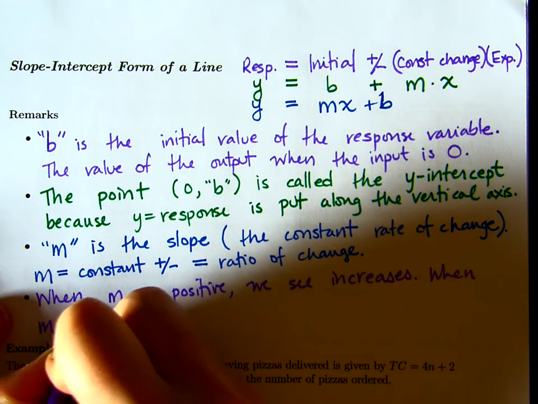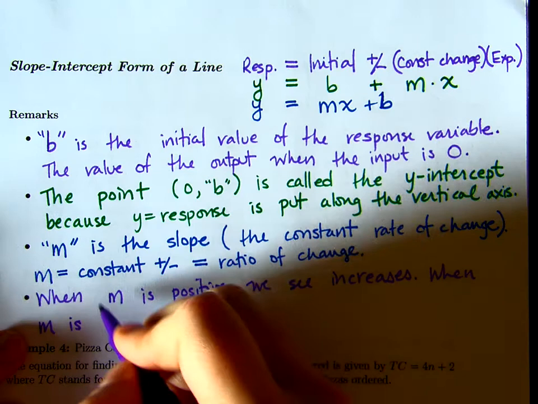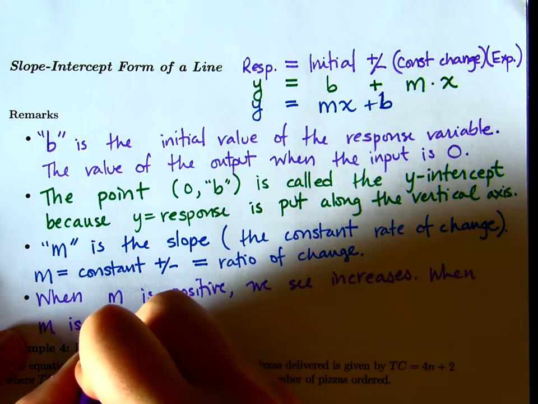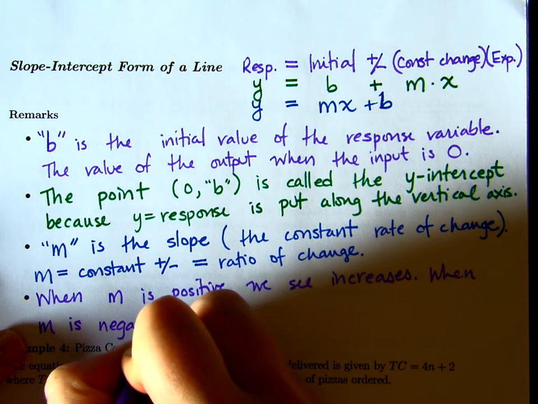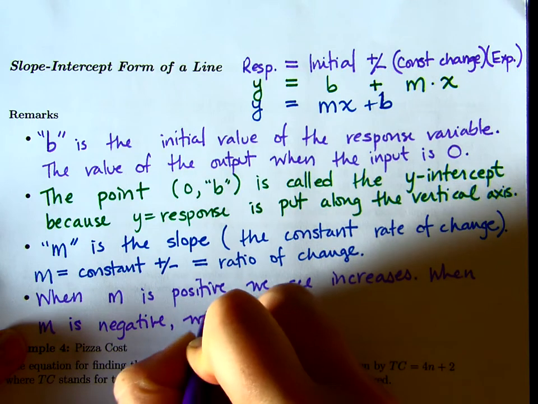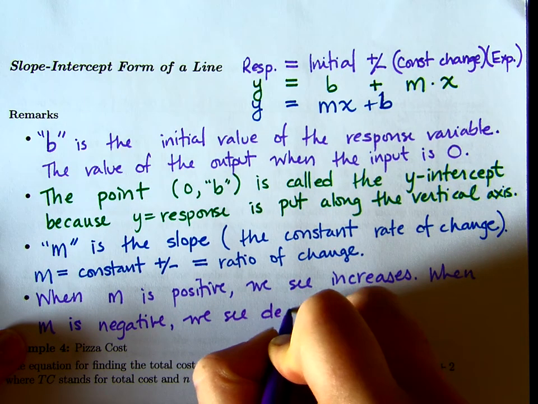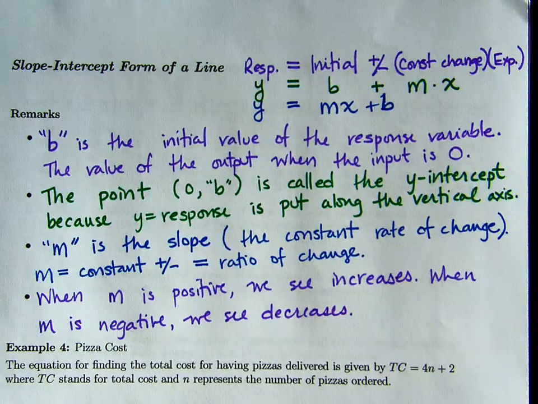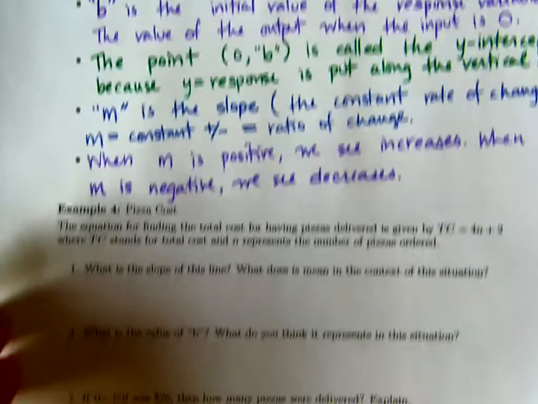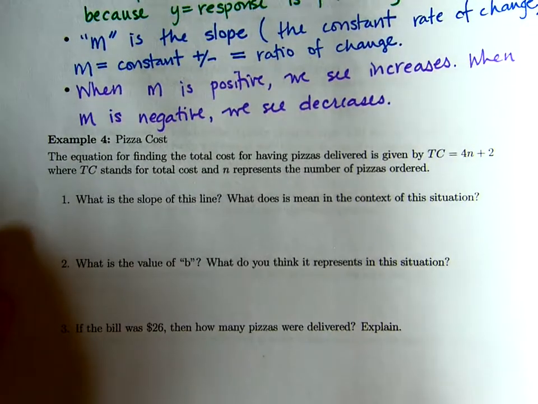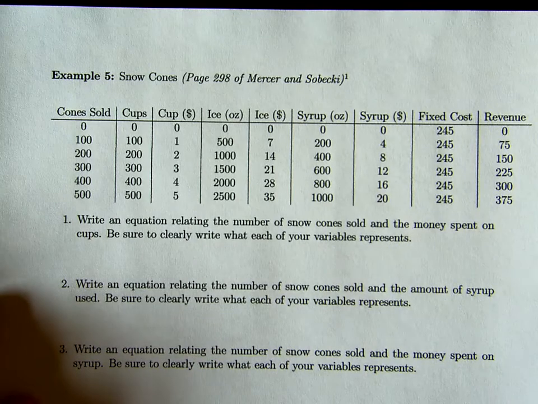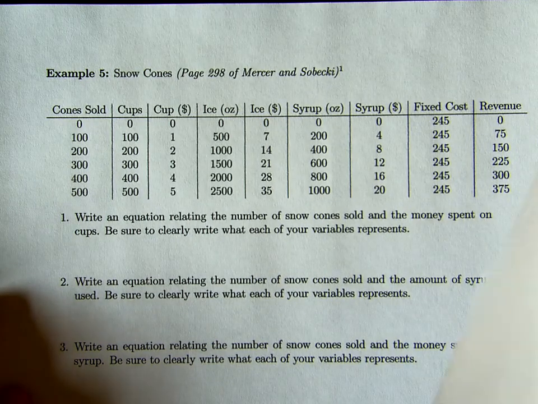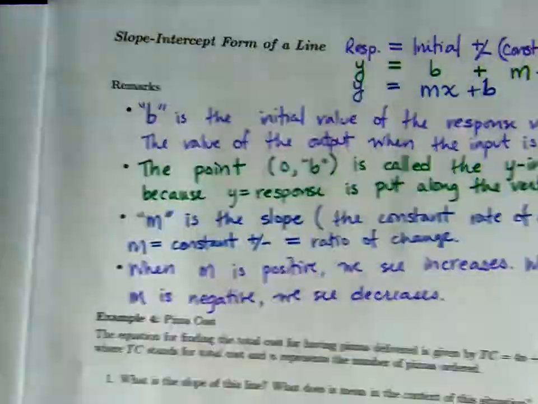When m is negative, because this is the constant rate of change, we see decreases or depreciation, going down. Okay, in the next video, we're actually going to do two different examples, pizza cost, and we're going to look at cost of snow cones as well, just to kind of pull all of these ideas together.